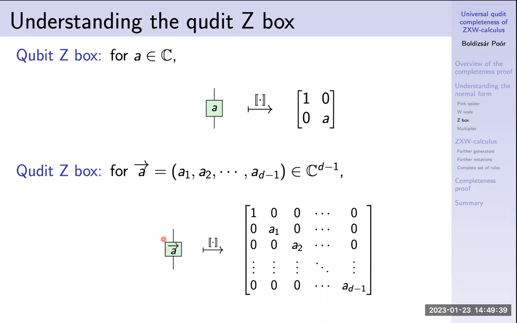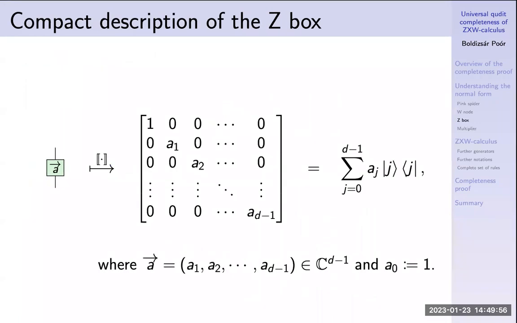This Z box corresponds to a diagonal matrix where each of the elements are part of the phase of the Z box, except the first one, because that's going to be strictly set to 1. And we have a really nice and compact way to represent this matrix using a simple sum. The trick is that we set A0 to be 1, and then we get this matrix.